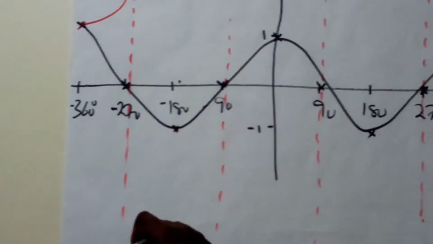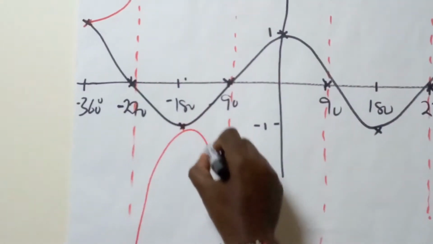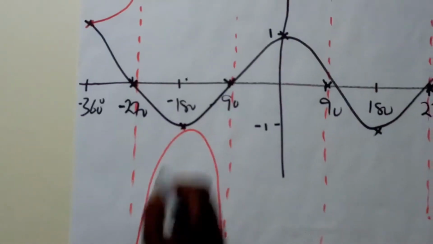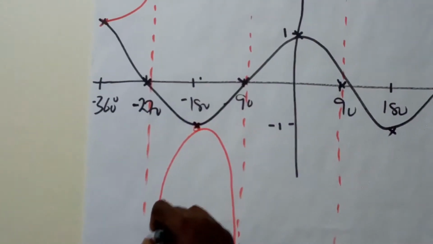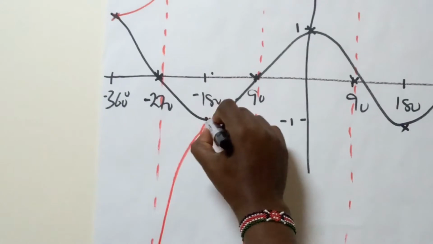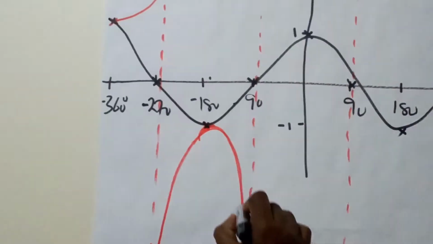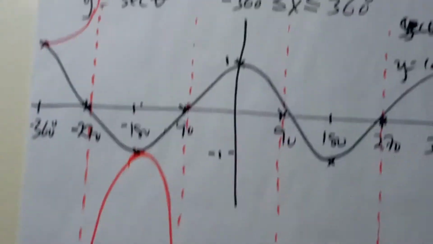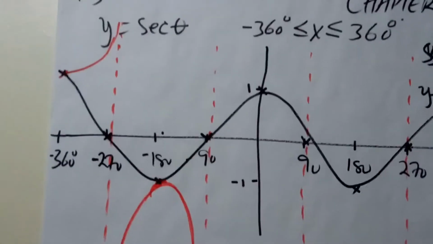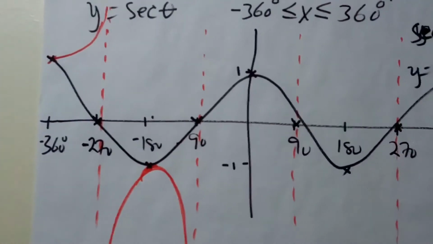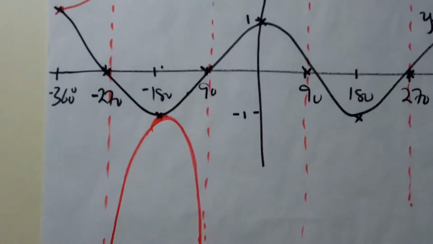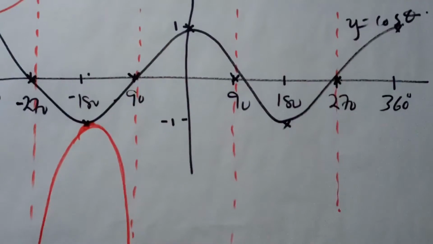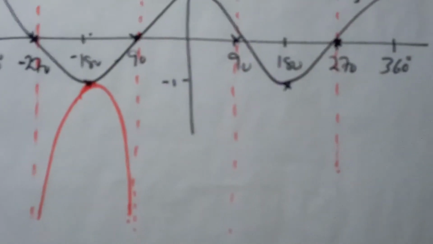You can see our graph here is going to look like that, and it won't touch this asymptote or this asymptote. Why like that? The cosine of negative 91 degrees is a very small negative number, and 1 over a very small negative number is a very big negative number.